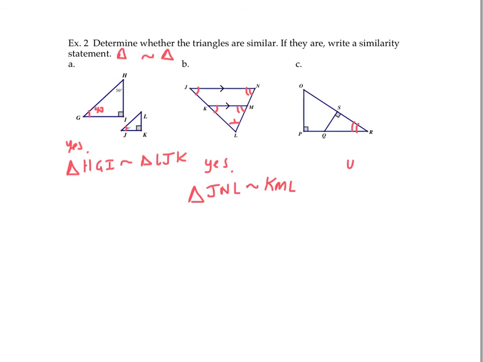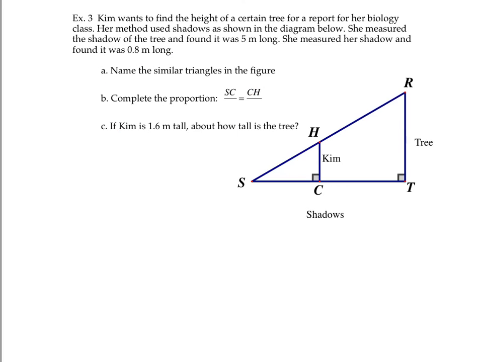So we can say for sure that these two triangles are similar, and we're going to say triangle OPR is similar to, now just be careful, when you name the second triangle it has to be named triangle QSR. Again, the corresponding angles must be congruent, so just watch out when you go to name them.